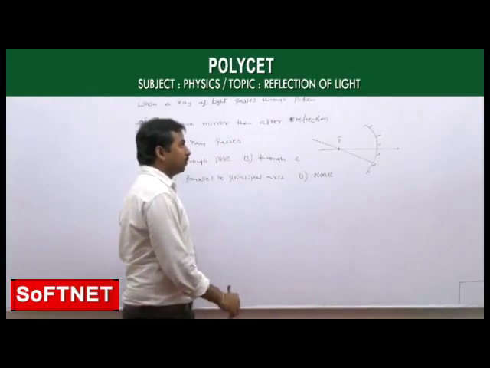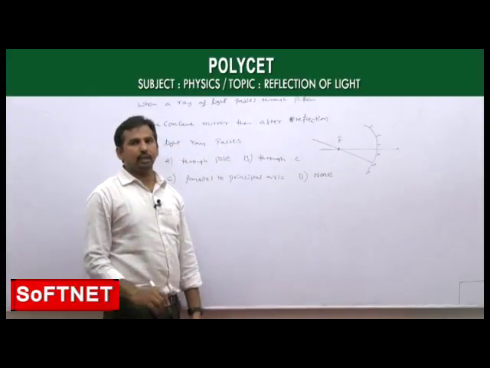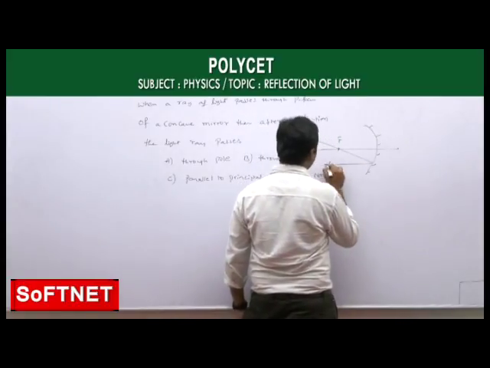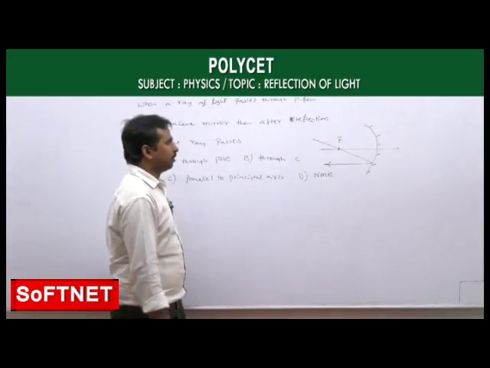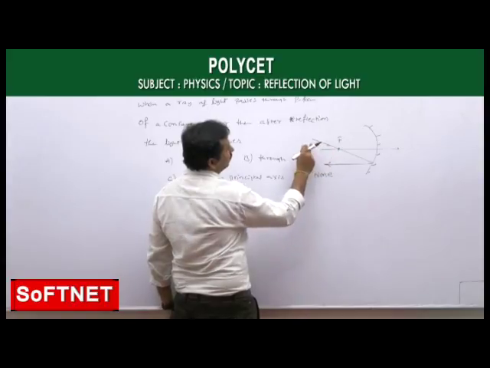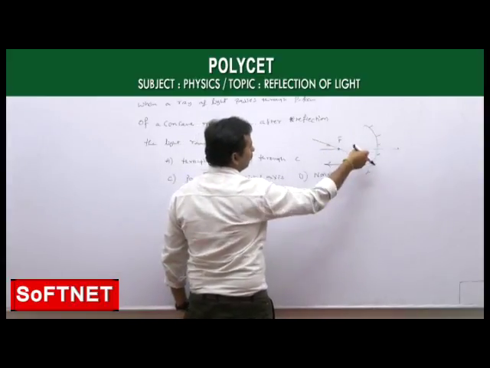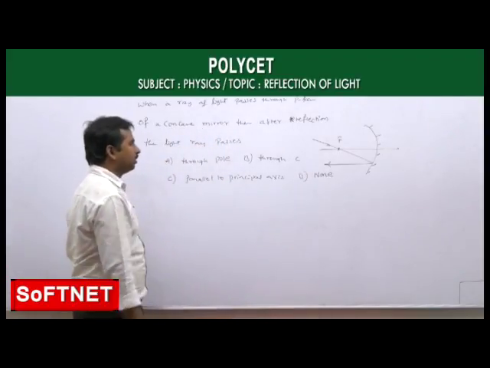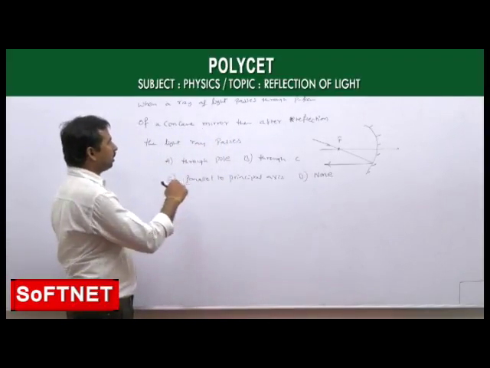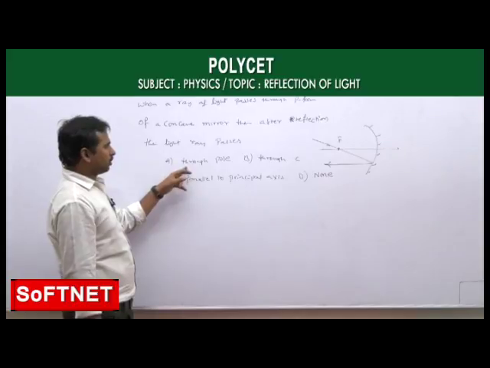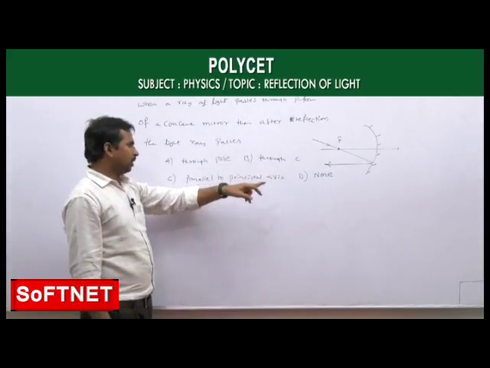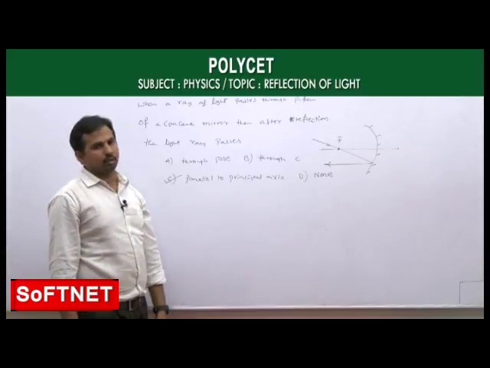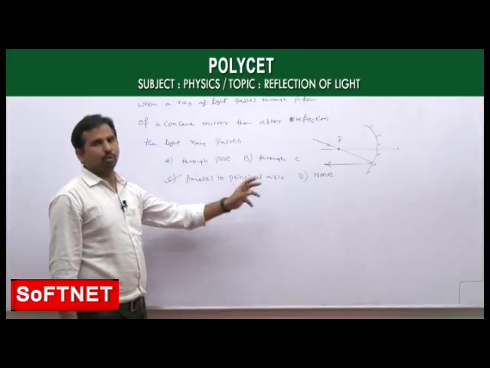Following rule 2, after reflection the light ray has to pass parallel to the principal axis, like this. So in the given options, not the pole, not C, but option C, parallel to the principal axis, is correct, following rule 2.